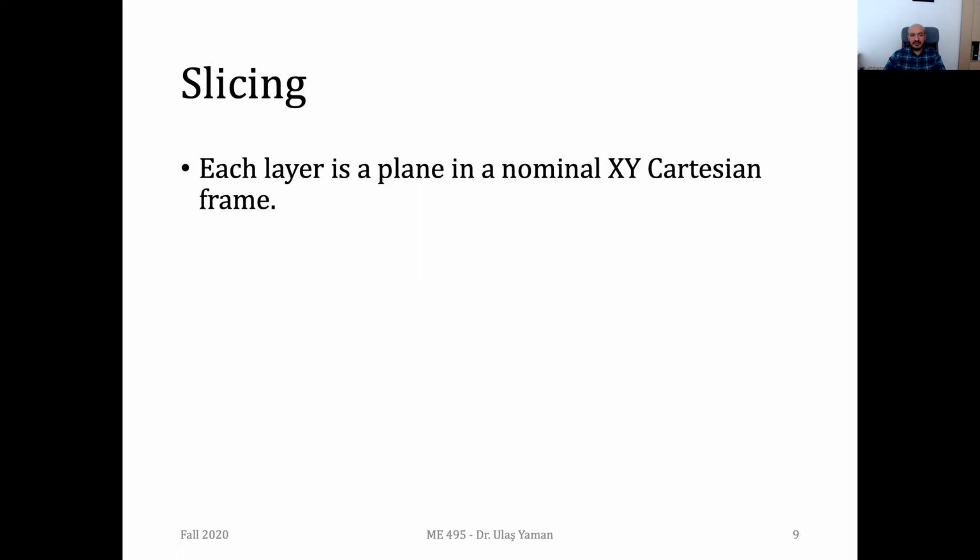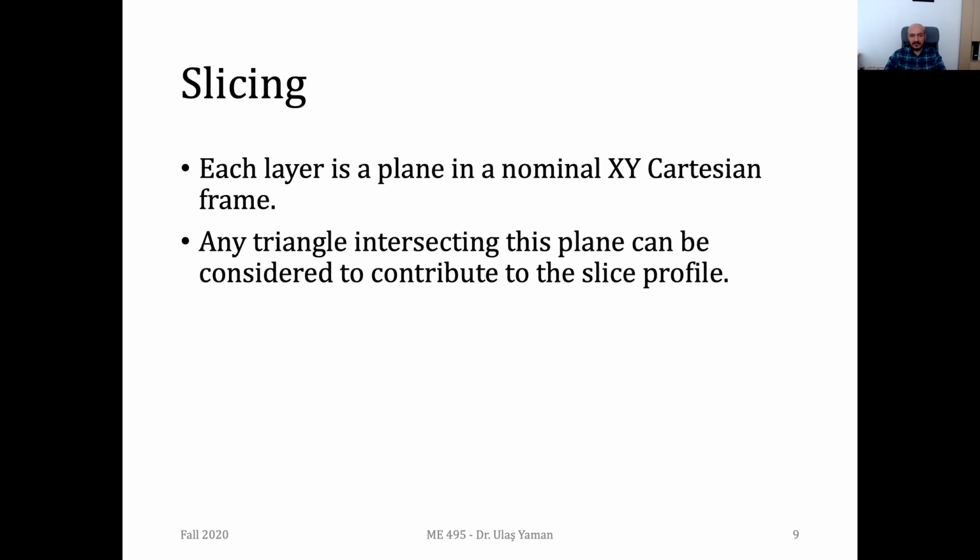So what we obtain in slicing, we usually, for the conventional additive manufacturing technologies, we do slicing in XY planes. So after you have the part, we take some intersections of that part with the various XY planes.